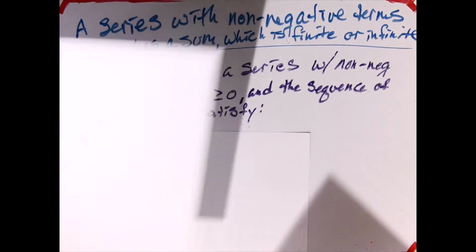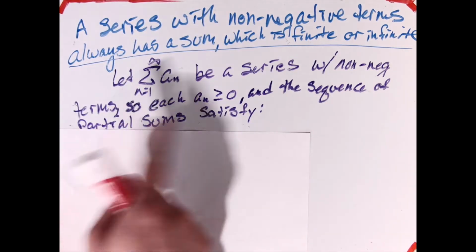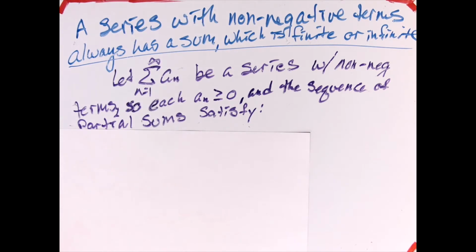So first off, we're going to let the sum of a sub n be a series with non-negative terms. So that is to say each term a sub n is greater than or equal to 0, and the sequence of partial sums are going to satisfy this.